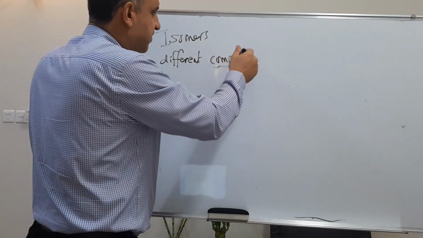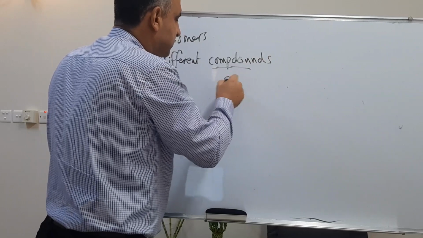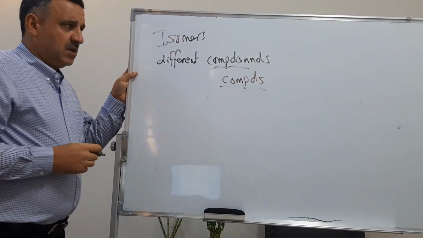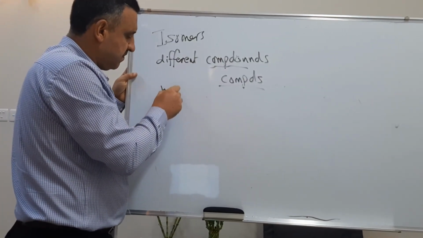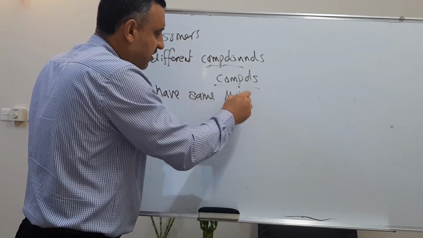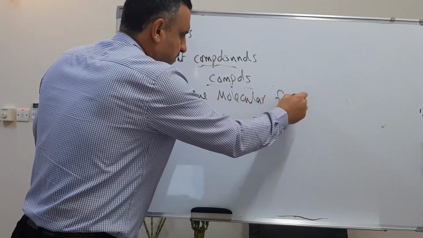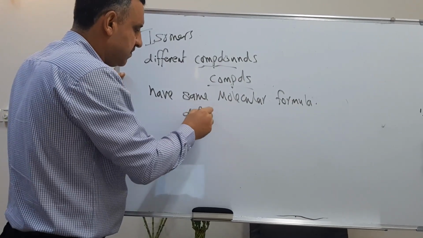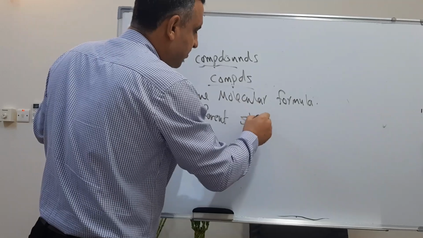So instead of writing the whole word, for example, compounds, we will always abbreviate it this way. So they are different compounds that have the same molecular formula, but they have different structural formulas.